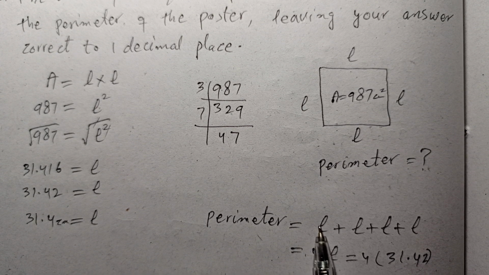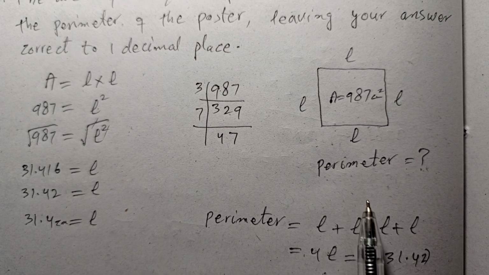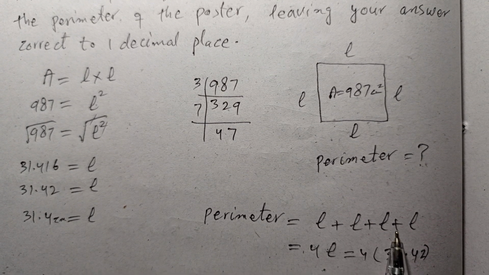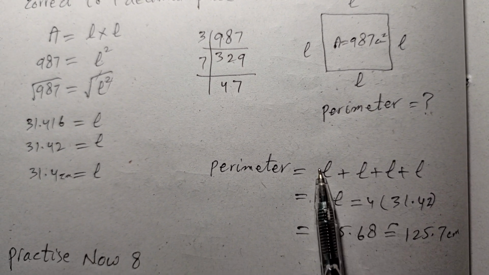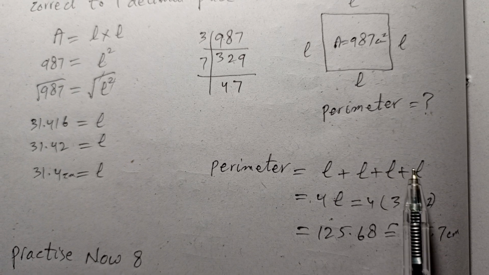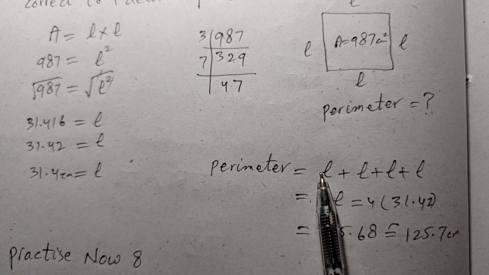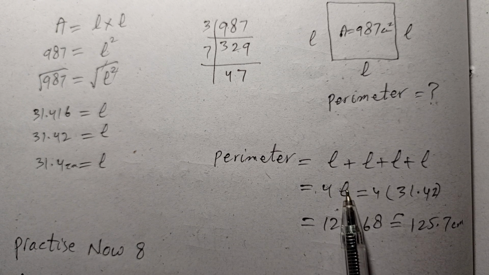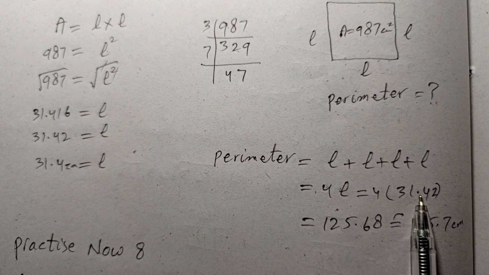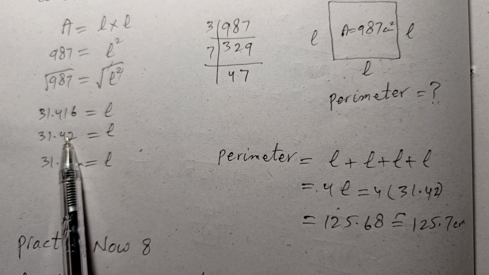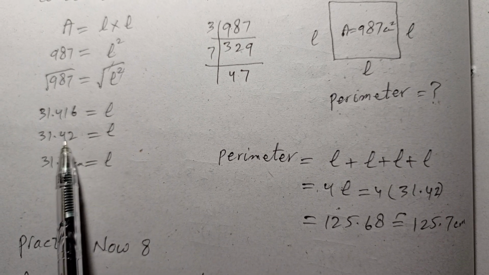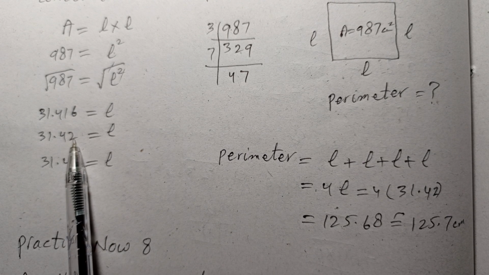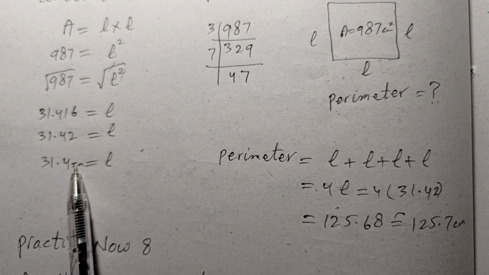So you will write its length 4 times, because there are 4 sides of this square, and you will add these 1L, 1L, 1L and 1L. If we add all the 4 L's, we will get 4L, and this 4 will remain the same, while L is equal to 31.42. I have written this length because after dropping 6 we have got 2 here.